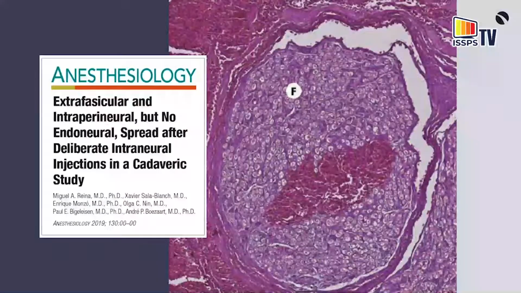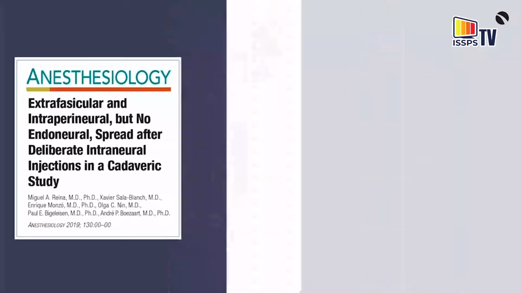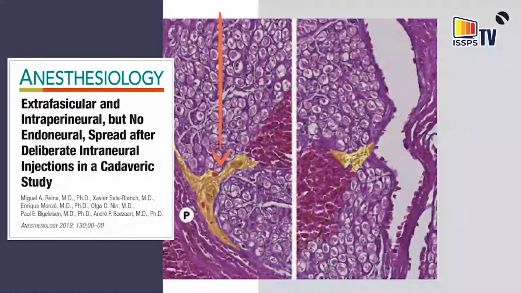In this study, that was published in 2019 in Anesthesiology, it may, under low magnification, look like intrafascicular spread was indeed possible, as can be seen on this image. However, it was clear on high magnification that the spread was between the cells of the septae that were formed by the perineurium.